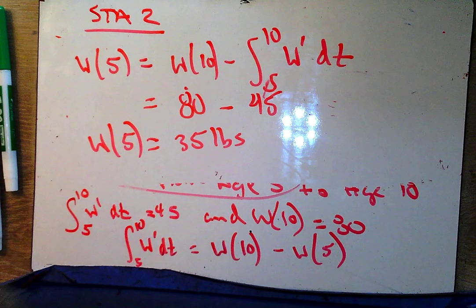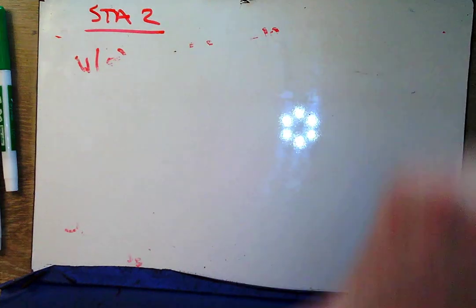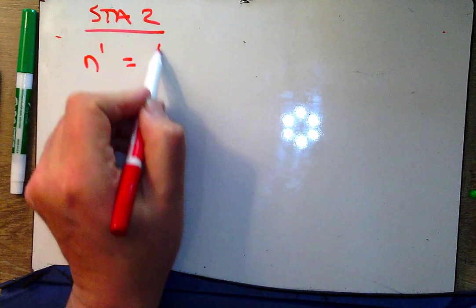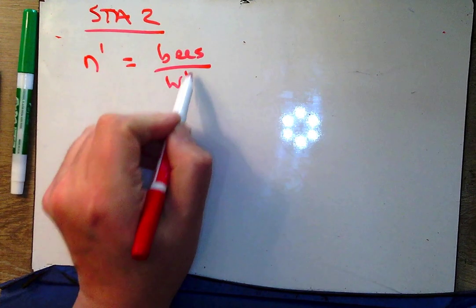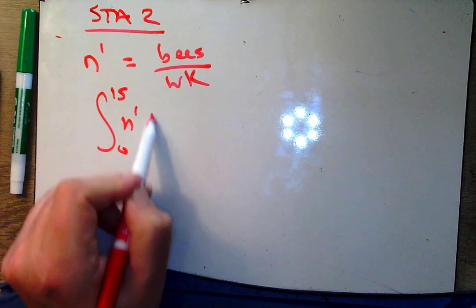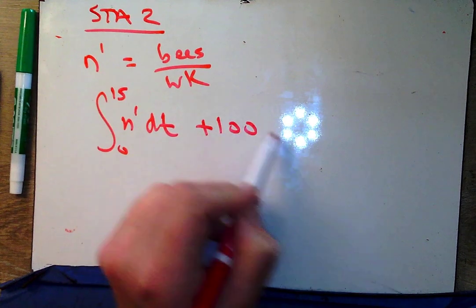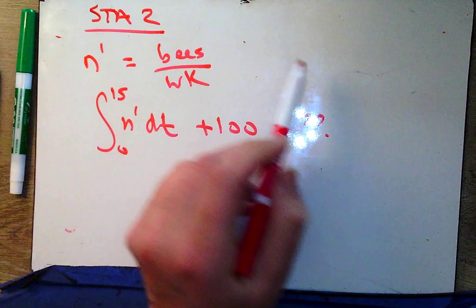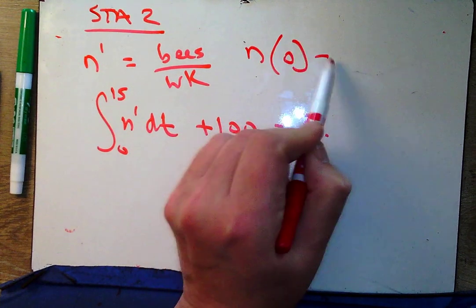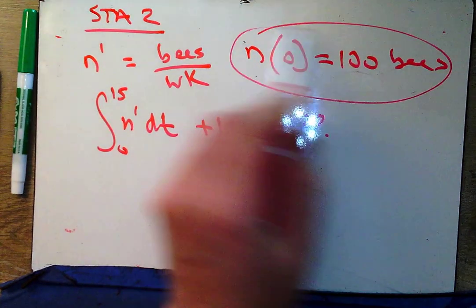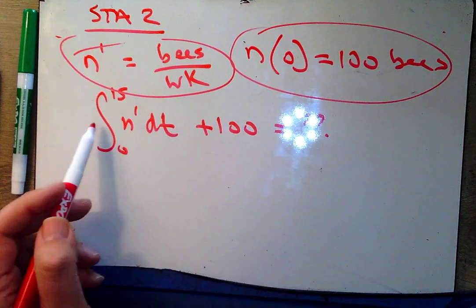Okay. 2. A honeybee hive starts with 100 bees and increases at a rate of n prime bees per week. What does the integral from 0 to 15 of n prime dt plus 100 equal? Well, the honeybee hive starts with n of 0 equals 100 bees. So we've got a starting amount, we've got a rate, and we want to know what's up with this.